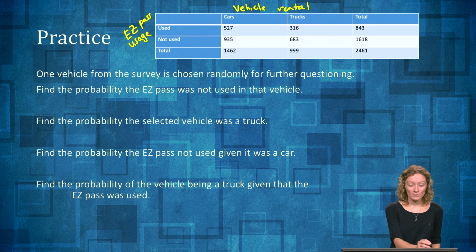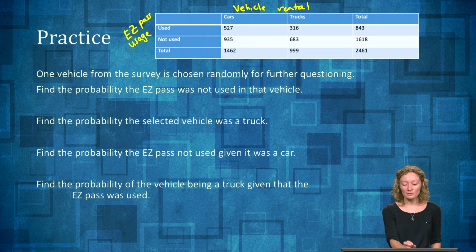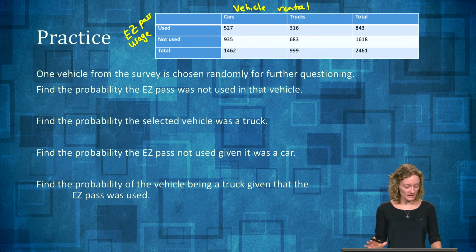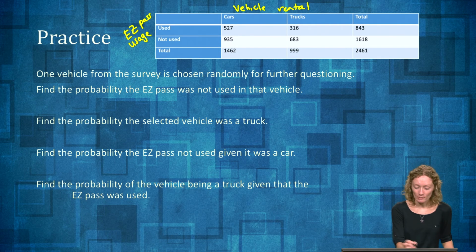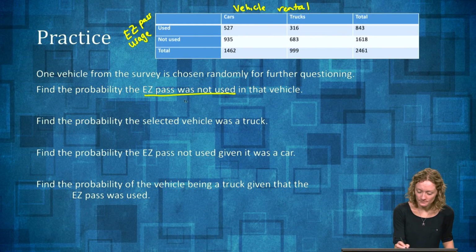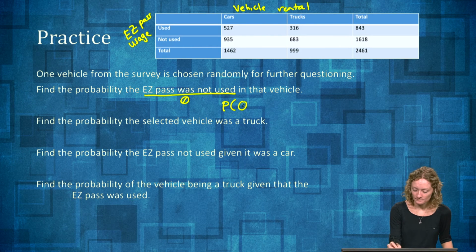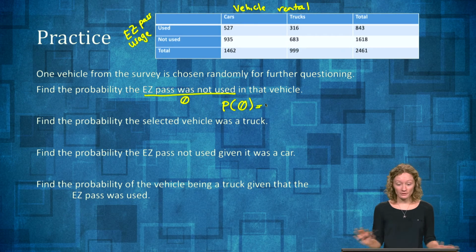Okay, first question: find the probability the Easy Pass was not used in the vehicle. There's no given in this question, which means everyone from the whole study is a part of things. So probability Easy Pass not used. We'll call it circle with slash. No given, so everyone counts.